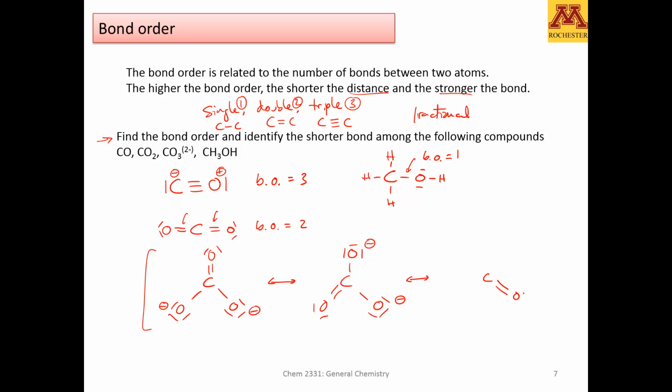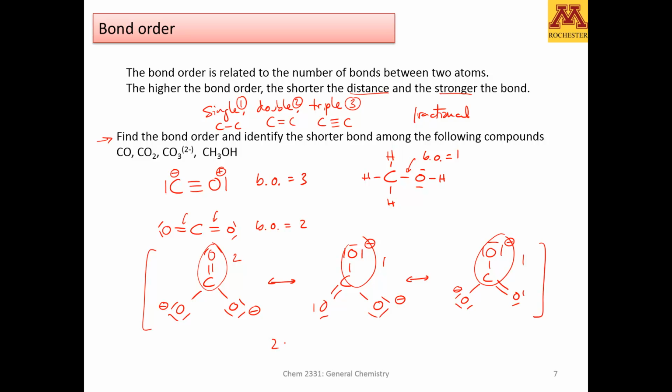So this means that we have to do an average of the multiplicity of the bond, either if it's single or double. So let's just pick one because it's the same for all. If you look at this bond, in here is double, in here is single, and in here is single again. So what is the bond order?